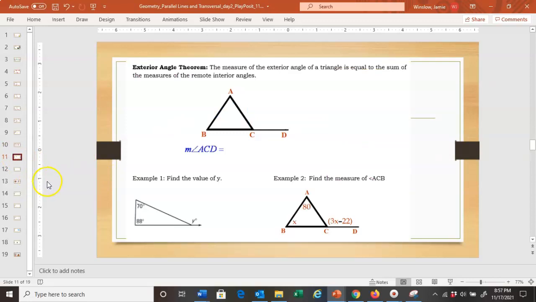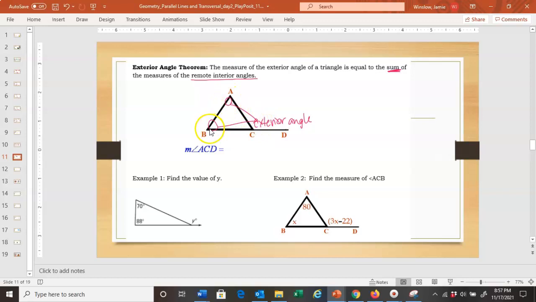The other theorem we're going to use involves the exterior angles. It tells us that the measure of an exterior angle of a triangle is equal to the sum of the measures of the remote interior angles. So that's a fancy definition. Let's talk about it. Here's the exterior angle. The remote interior angles are the angles directly across from it.